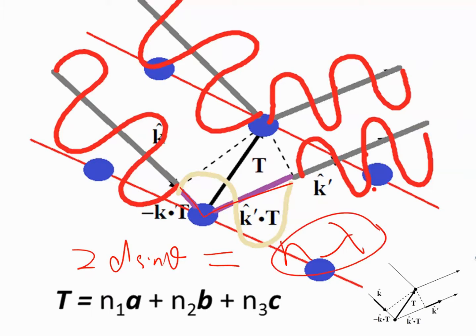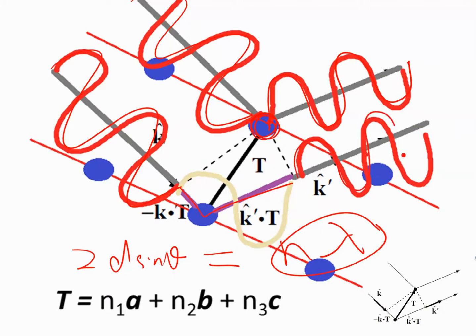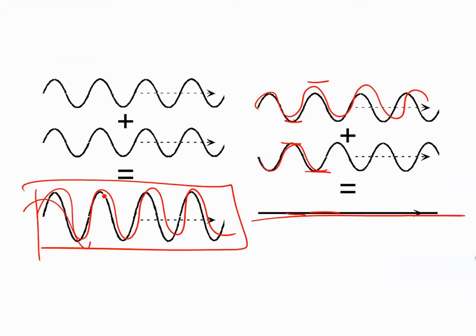Why must it equal an integer of lambda? Because if this is a wave, these two waves must be in the same phase, because they come from the same source. Then when it interacts with the electron in the atom at this point, it is reflected. So the second layer should also be in the same phase. If these two have the same phase, then you will get the superposition.